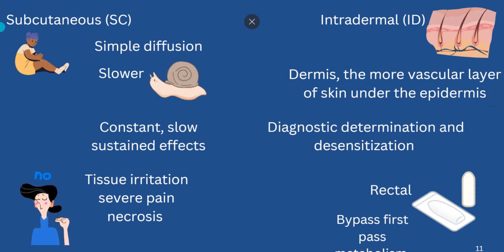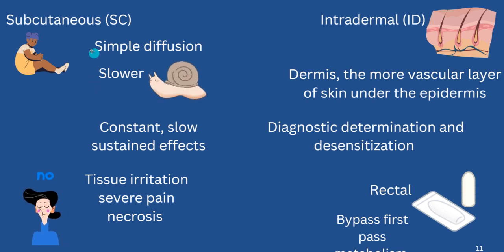Then other parenteral routes of administration, such as subcutaneous administration and intradermal administration. In the subcutaneous route, the drugs act by simple diffusion. Once you inject in the subcutaneous area, the drug will passively diffuse from that area and go to the site of action.